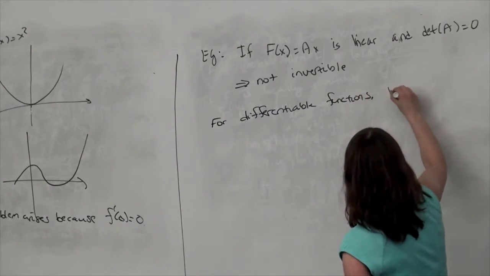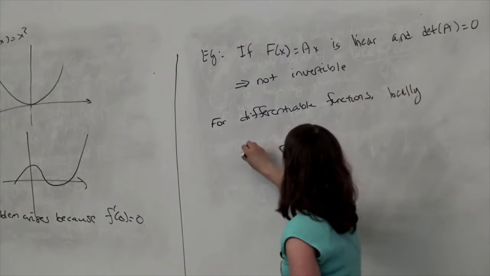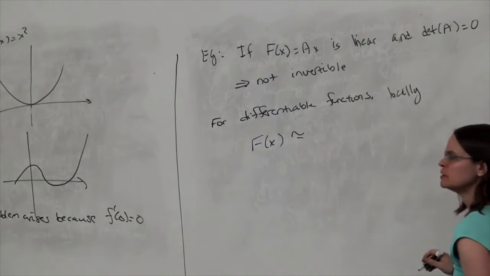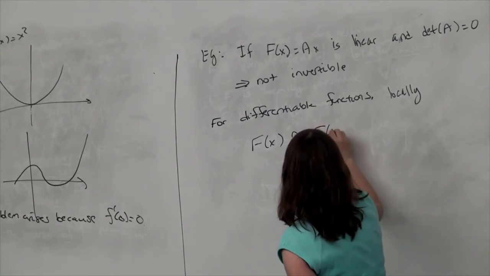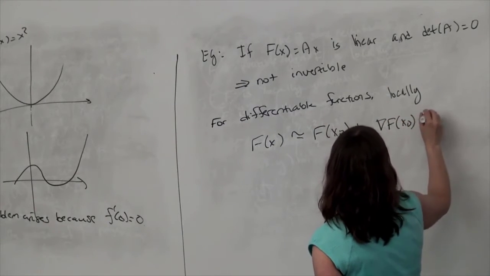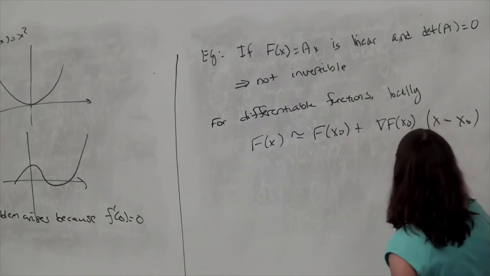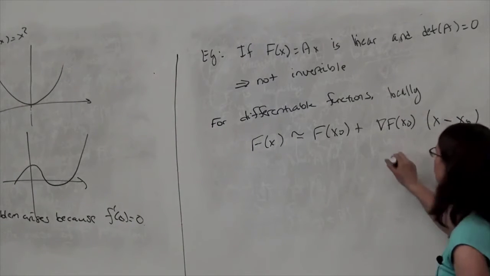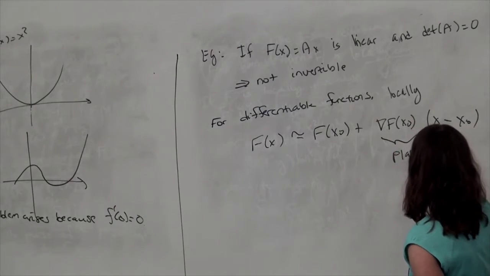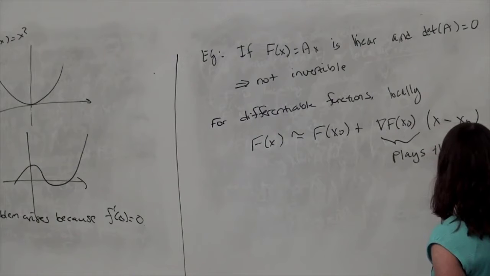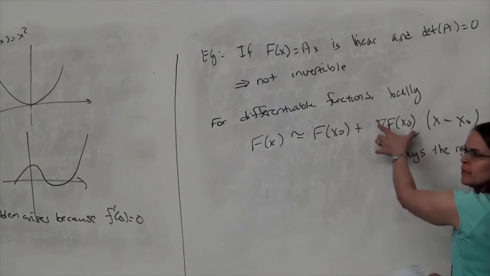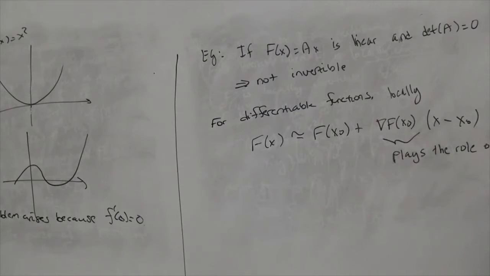OK, so for differentiable functions, locally we have f of x approximately equal to some constant term plus the Jacobian times x minus x naught. And it's this guy that's playing the role of A. If we treat this as a linear or an affine mapping, this is my A matrix, my constant matrix.